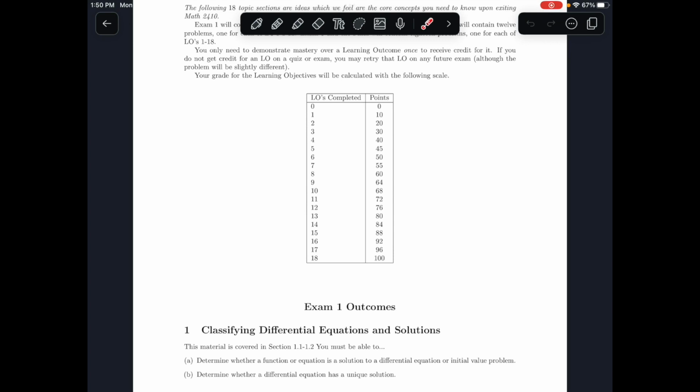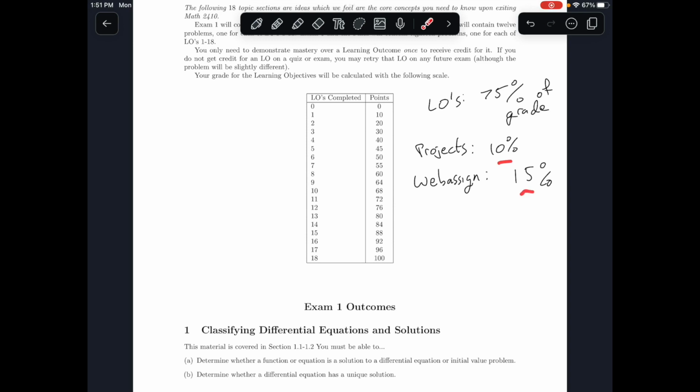But if you're trying to just pass the course, the learning outcomes make up 75% of your grade. And then the projects make up 10%, and WebAssign makes up 15%. Maybe those are reversed.